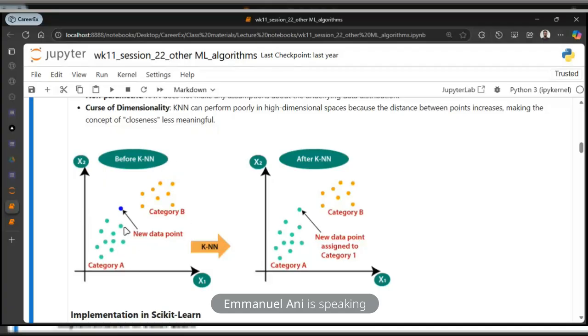In this case, we have just a few data points, but in reality we have a lot, like 1,000 or 10,000. Just imagine representing that number of data points on a scatter plot like this.